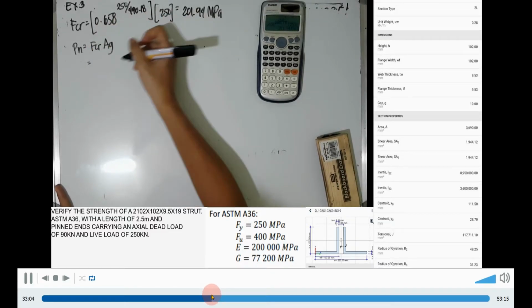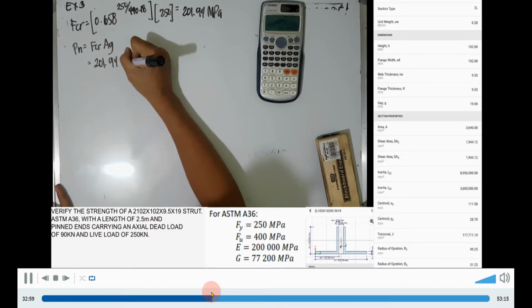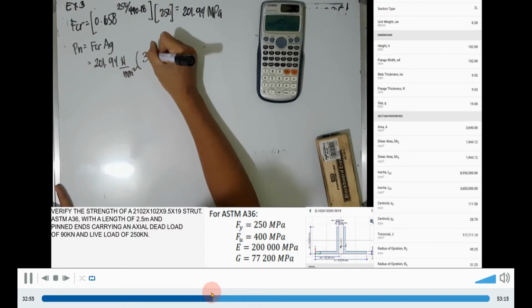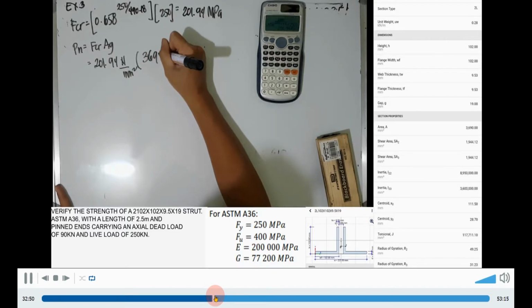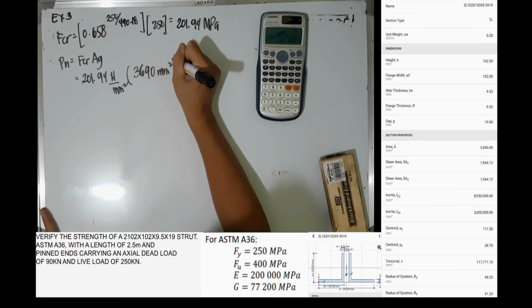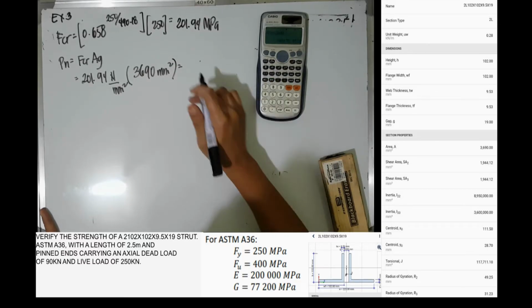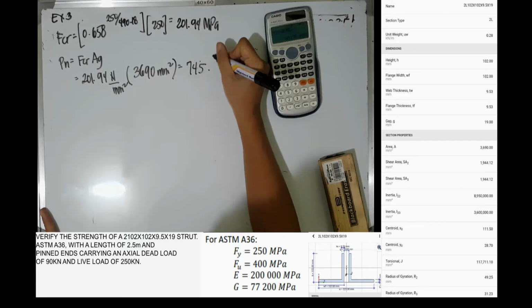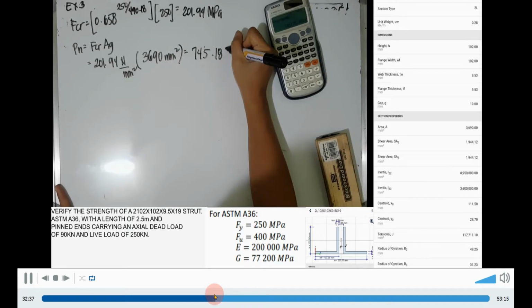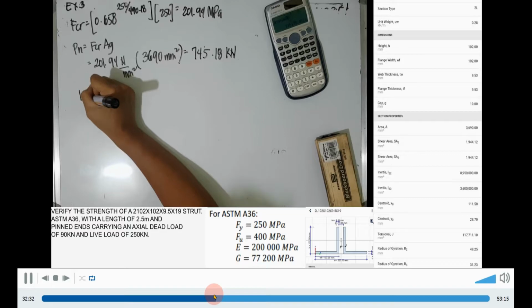So, substitute it and multiplying it with the gross area na 3,690 square millimeter. Our Pn is equal to 745.18 kilonewton. And proceed now sa LRFD.